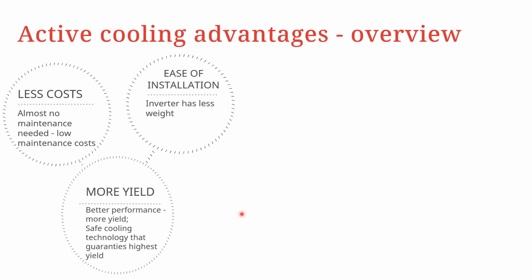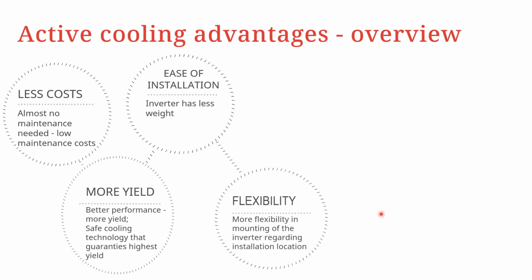You have ease of installation, and this comes from the point of view that actively cooled inverters do not use very big heat sinks, and therefore the weight of the inverter is not as much. You have a lot of flexibility in terms of mounting the inverter. As you're going to see a few slides later, the Fronius inverters with active cooling are very flexible in terms of how you can position them for mounting.